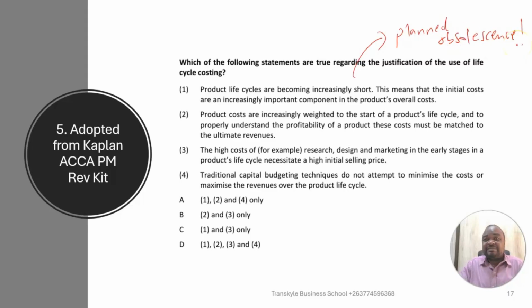Planned obsolescence simply means manufacturers tend to produce things they know customers, even if they are very careful, are not going to enjoy for a longer period of time. For example, electric bulbs in our homes are designed in such a way that when they reach a certain number of hours, they are going to blow out, even if you are very, very careful.